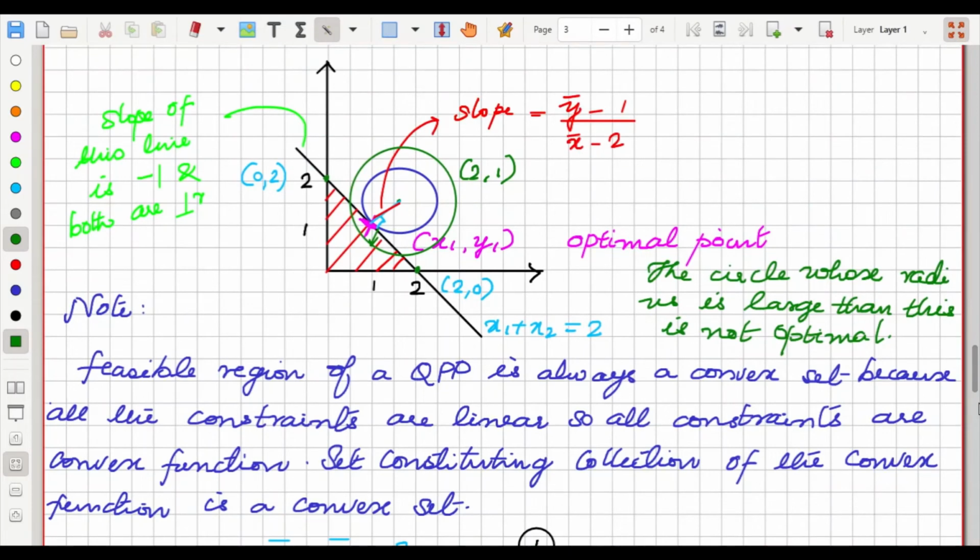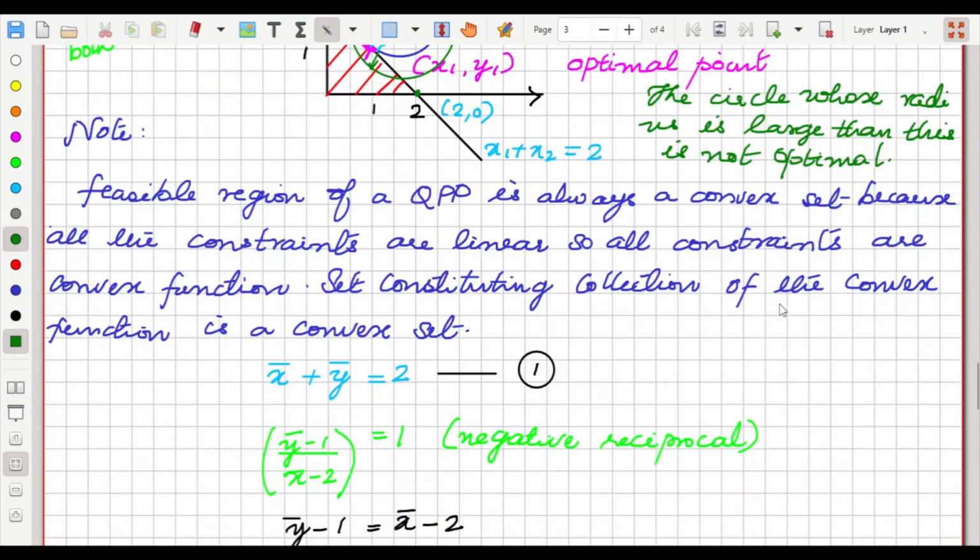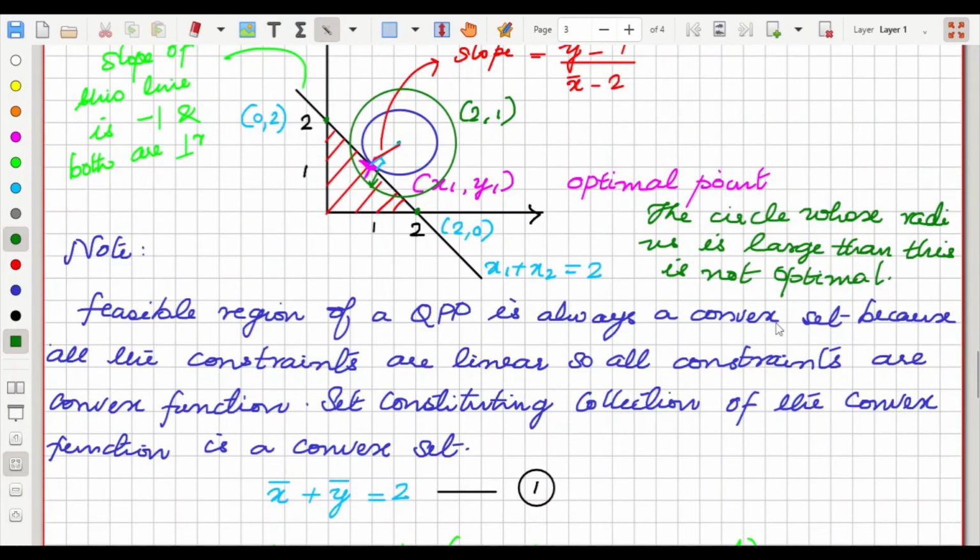Again the slope from this point to this line is (y bar minus 1) divided by (x bar minus 2), so we can write that this slope is 1.